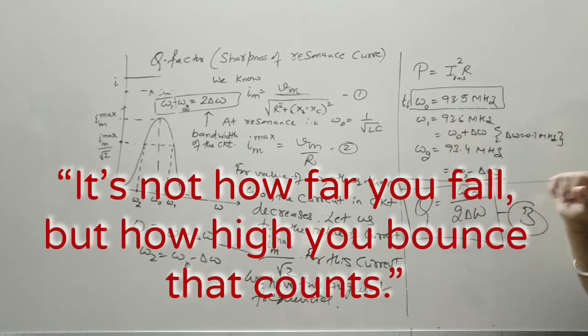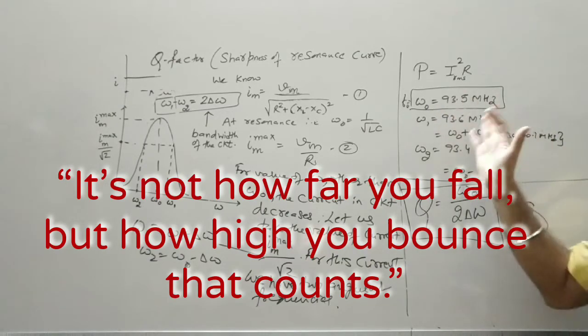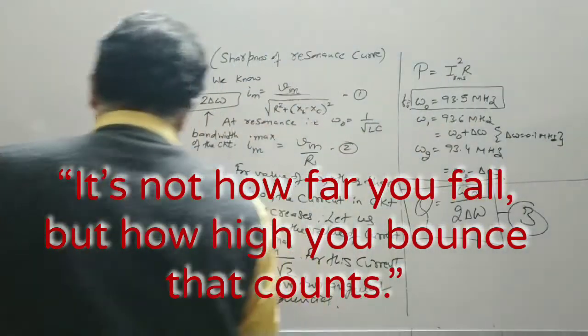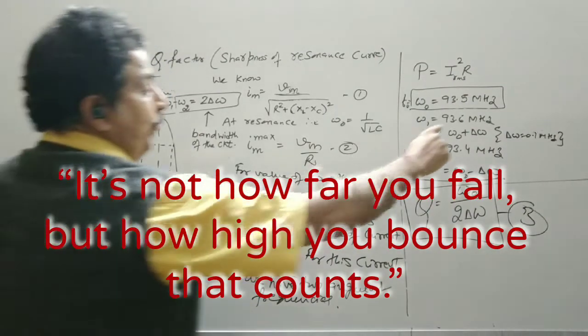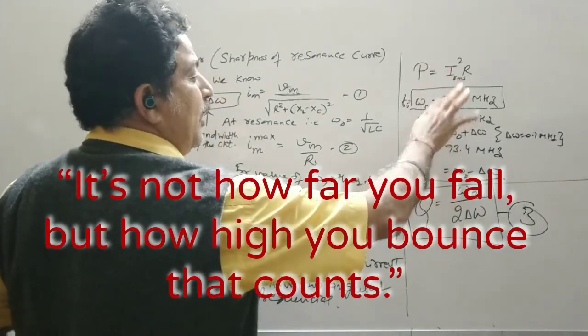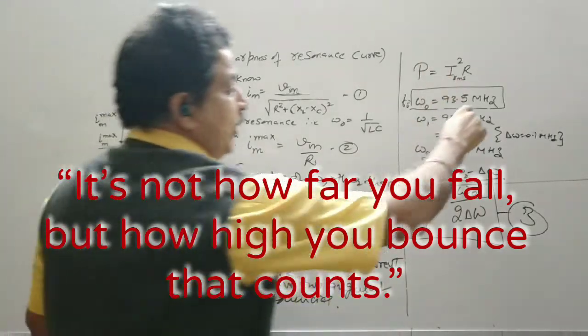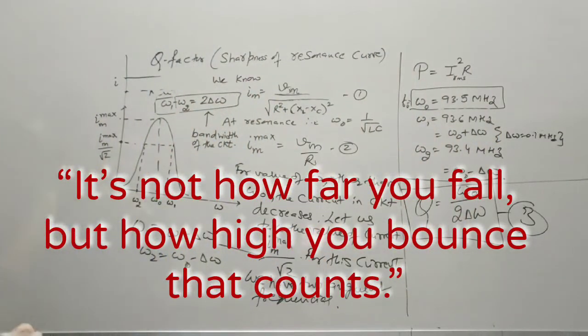So omega 1 is omega naught plus delta omega, and omega 2 is omega naught minus delta omega, that is, on either side of the resonance curve. So if I take these two values on either side of the resonant angular frequency or resonant frequency, the value written is of frequency, symbol used is omega.